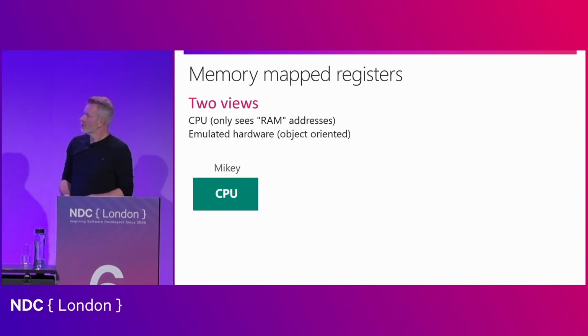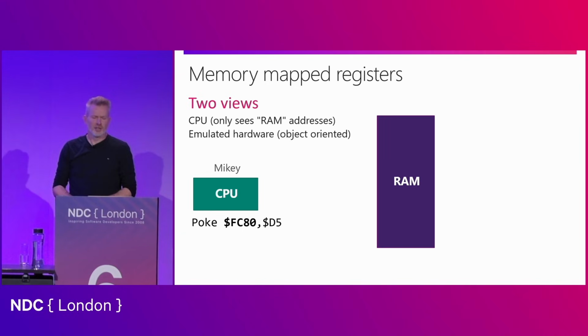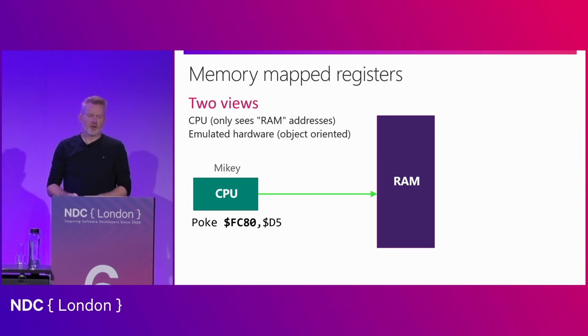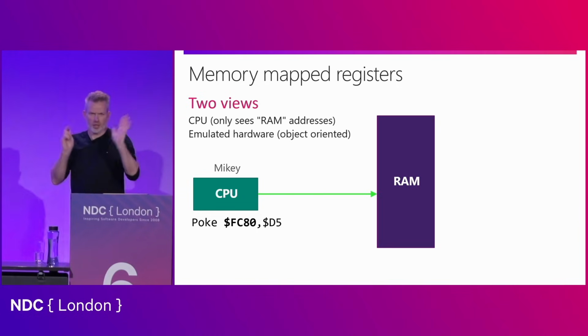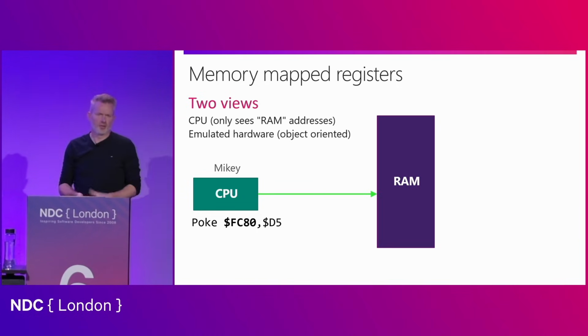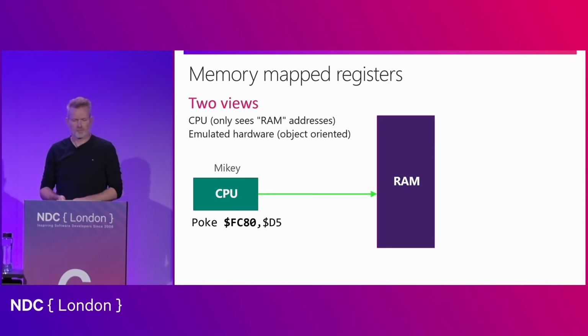The CPU only sees RAM. So if you do a poke to a certain address, FC80, and you put the value D5 there, the CPU doesn't know any better than I'm writing to RAM, I'm just doing a poke. And that's it, I'm done. Store accumulator in that address is probably the real instruction that you would use in 6502 language.